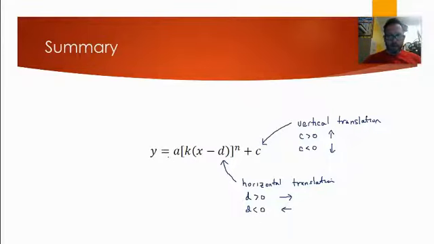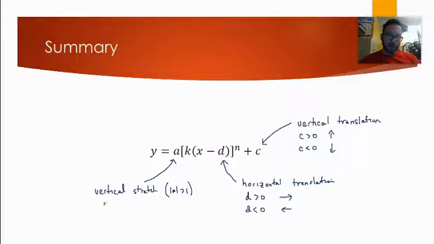All right, now let's look at the value of A. It can give you a vertical stretch if the size of A is bigger than 1, so something like 2 or -3 or 1.5. If it's bigger than 1, it's going to be a stretch.